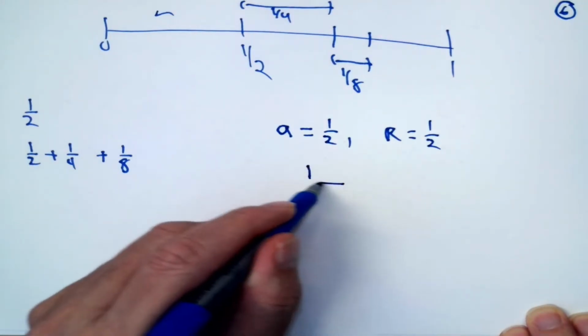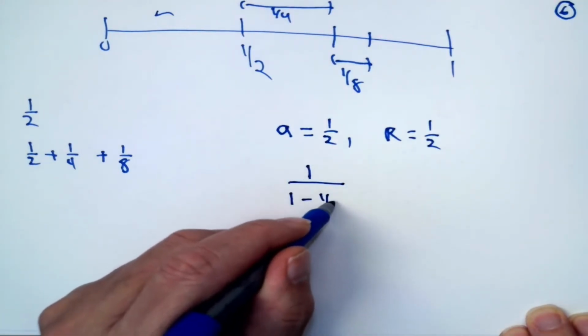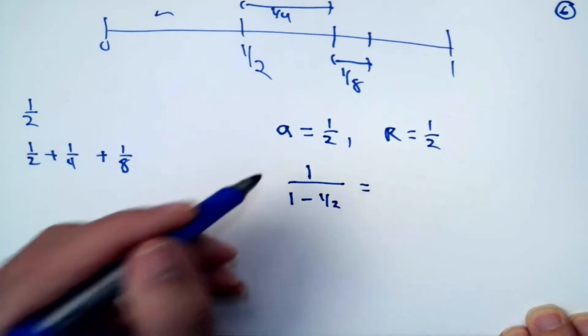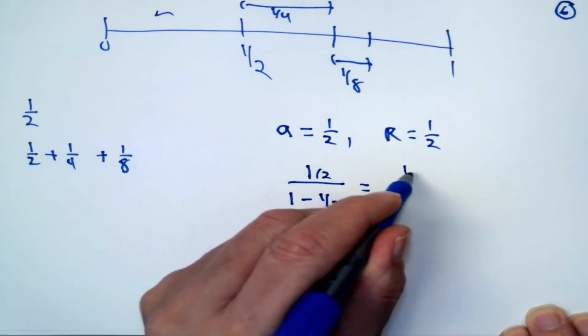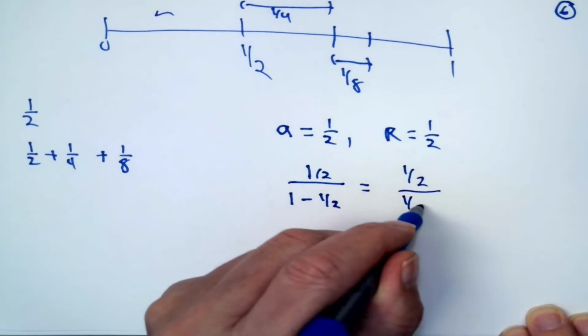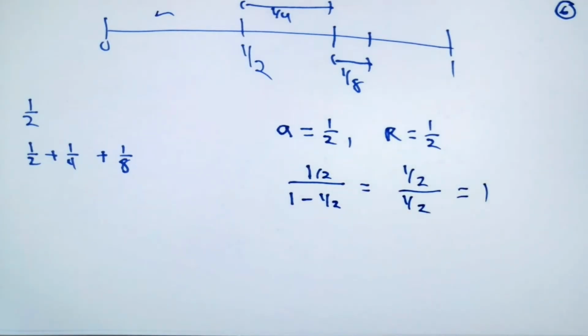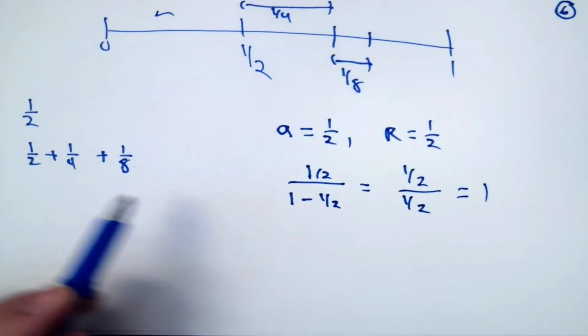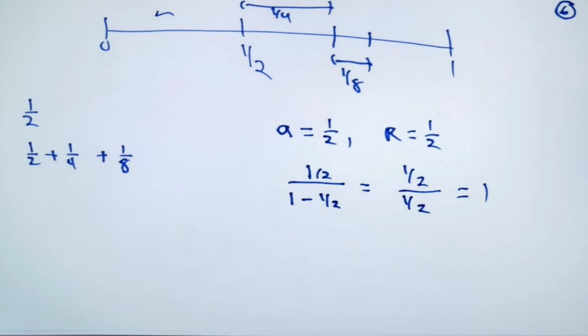A over 1 minus R is 1. Even though there'll be an infinite number of things to add up, and they're all positive, the sum comes up finite, equal to 1, just as you think it should be.